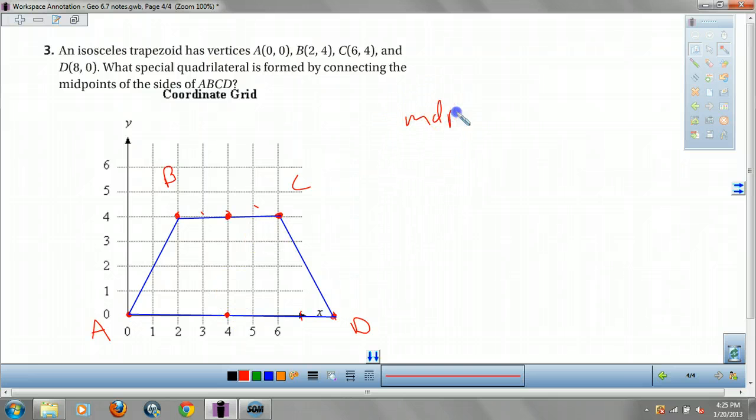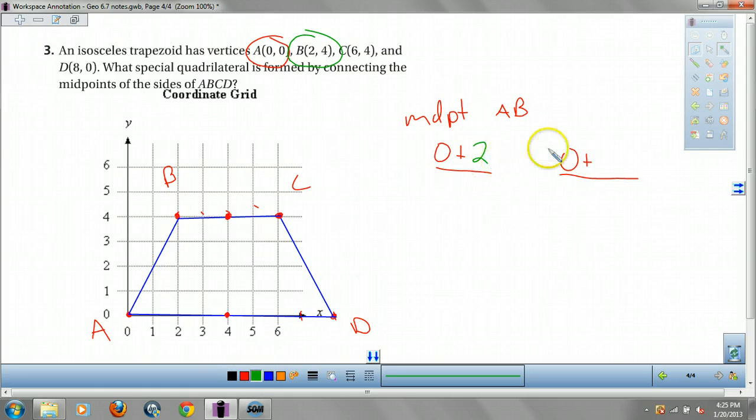Now we have to find the midpoint of AB. Do you remember this formula? Here, we'll mark these guys in colors again like I like to do. You add up your x's divided by 2, add up your y's divided by 2. So 0 plus 0 is 0, these are my x's. 0 plus 4, that's my y.